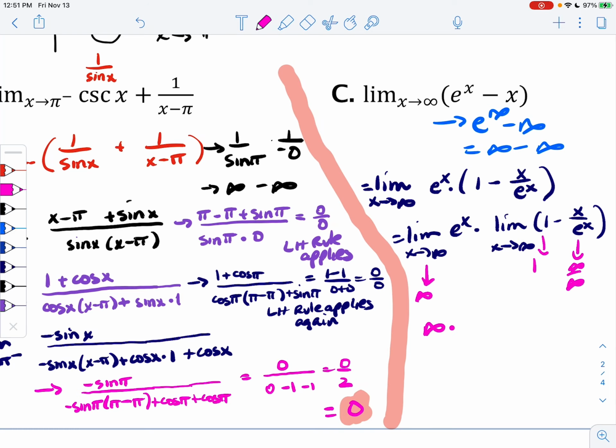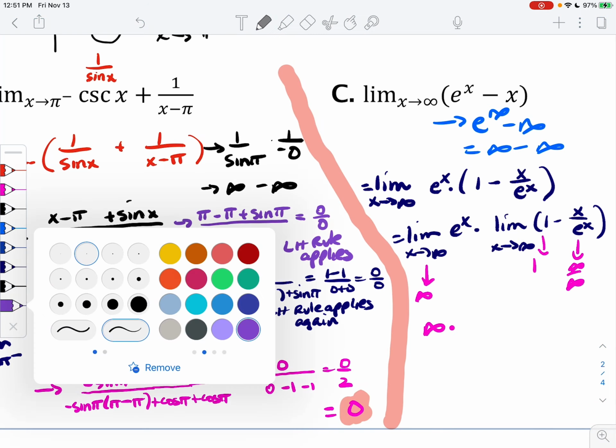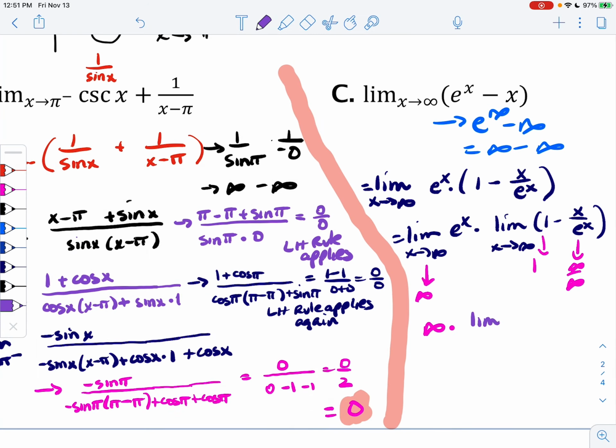So we still have infinity here, but we're going to take the limit as x approaches infinity of 1, and then minus the limit as x approaches infinity of x over e to the x. And now we're going to do L'Hopital's rule on this one.